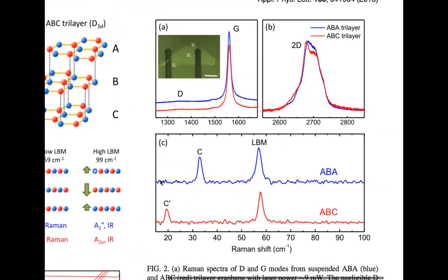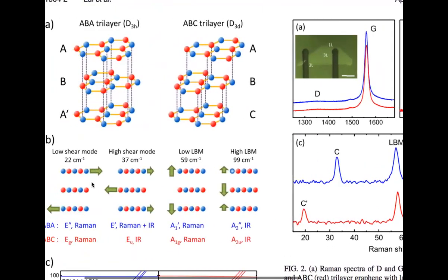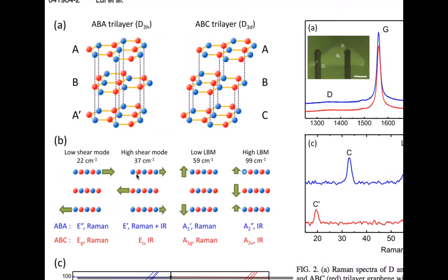And when you measure the shear mode, you see one for ABA, you see another one for ABC, and they appear at different energies. That means for ABA, we're seeing the higher energy shear mode. For ABC, we're seeing the lower energy shear mode.